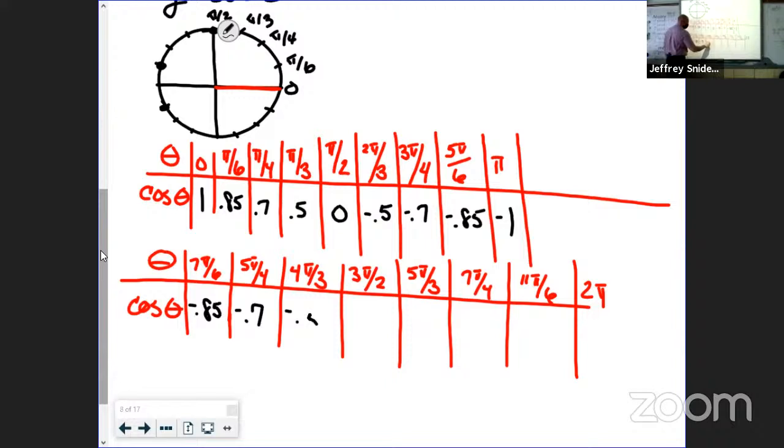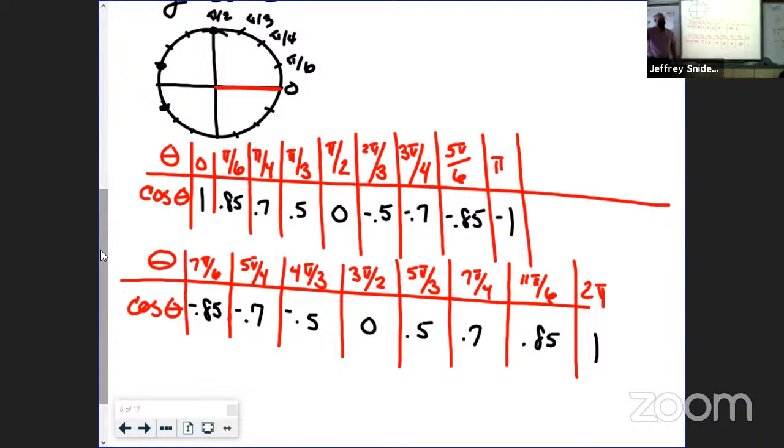That's negative 0.5. 3 pi over 2, 0. 5 pi over 3 is the same as pi over 3, 0.5. 7 pi over 4 is the same as pi over 4, 0.7. 11 pi over 6 is the same as pi over 6, 0.85. And of course, 2 pi is the same as what? 0, so it's 1. Great.